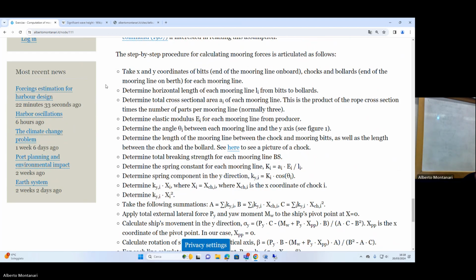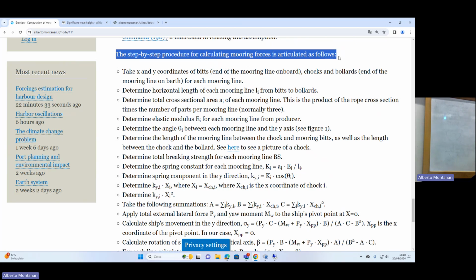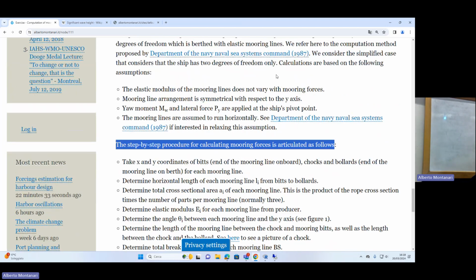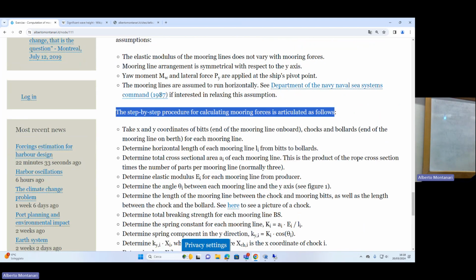Now, the step-by-step procedure is derived from structural mechanics. It's the composition of a forcing along elastic directions, elastic mooring lines. And it's quite complicated, and it's described in the two links that I provide above.